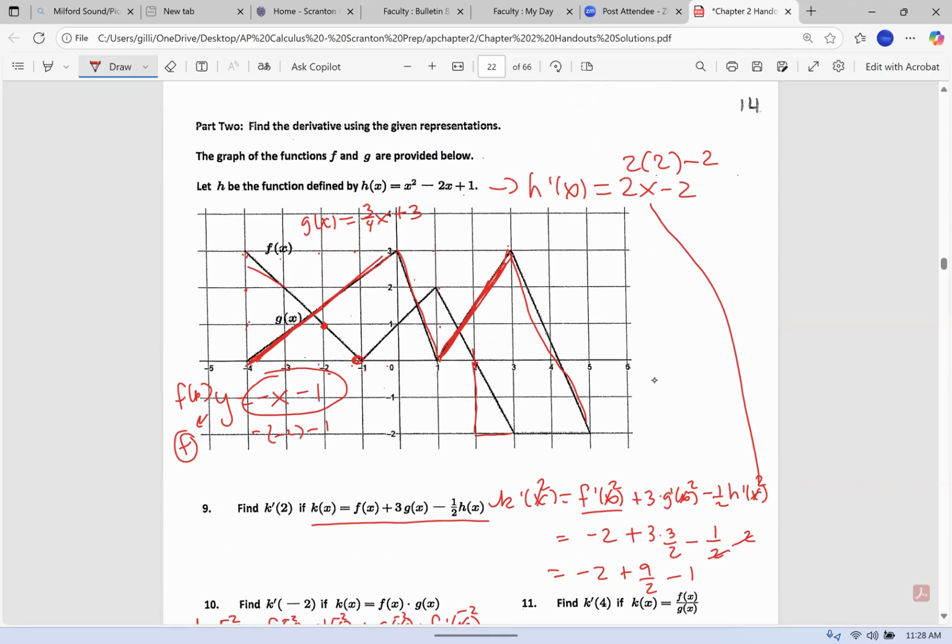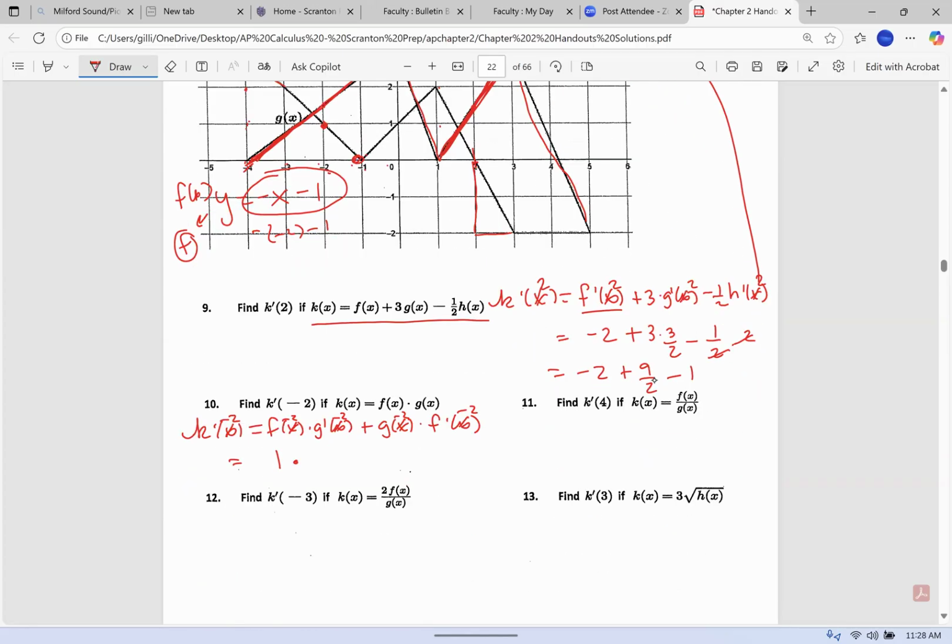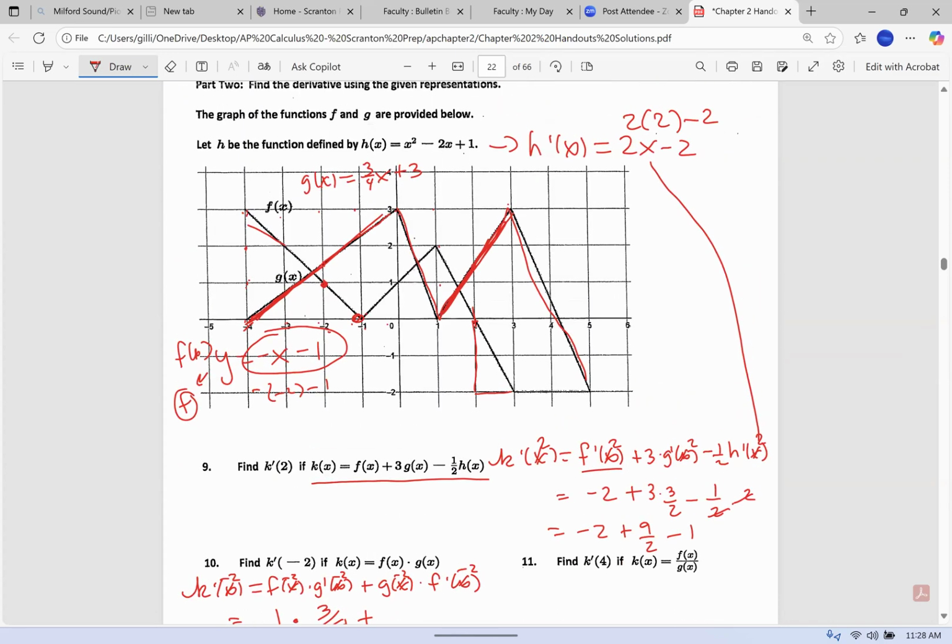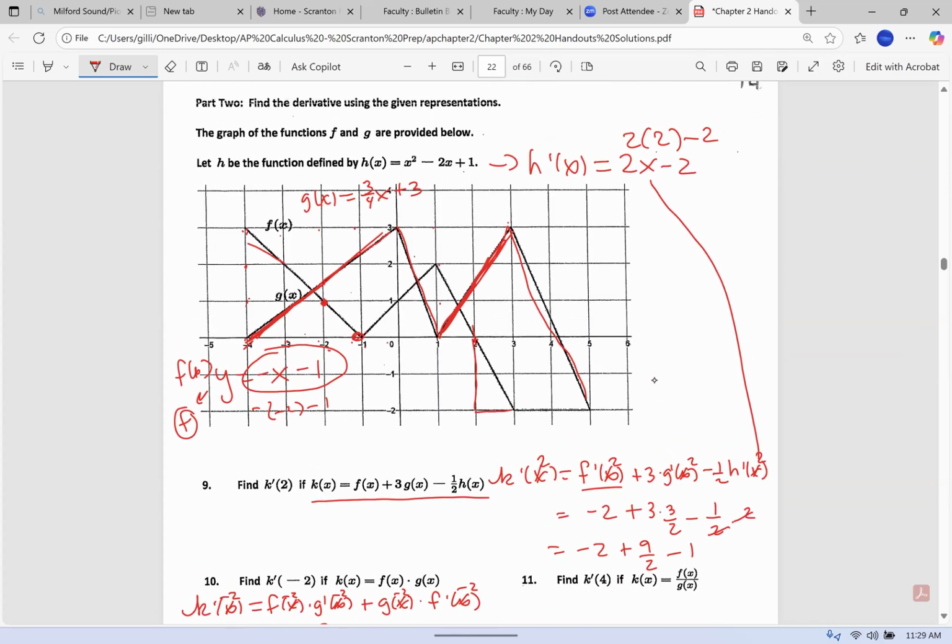g prime at negative 2 is the slope of the line at negative 2. And again, that slope does not change along this line, so it's going to be positive 3/4. g at negative 2, got to be precise. So g at negative 2 is here. This is g. I can't read what that is, but I have its formula.